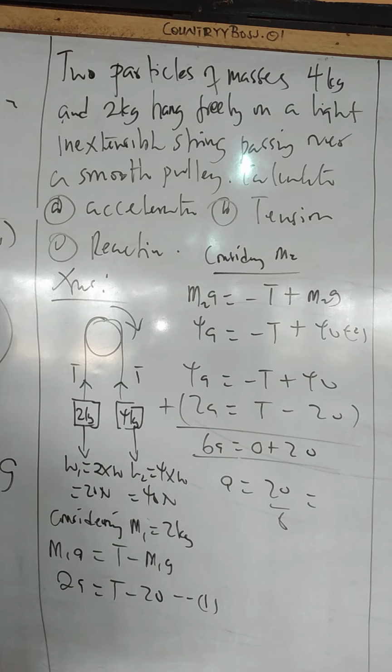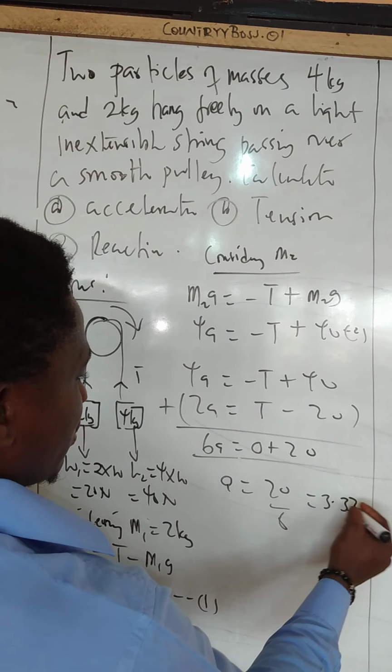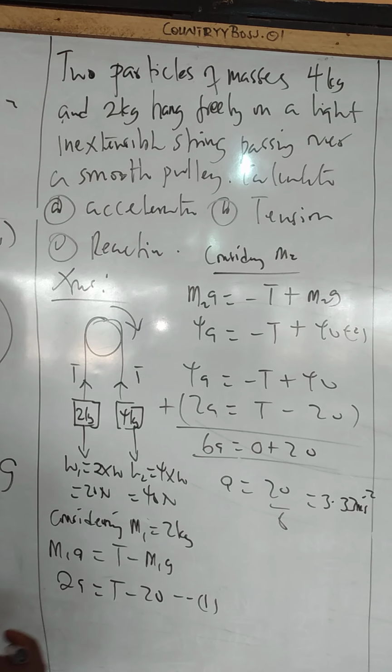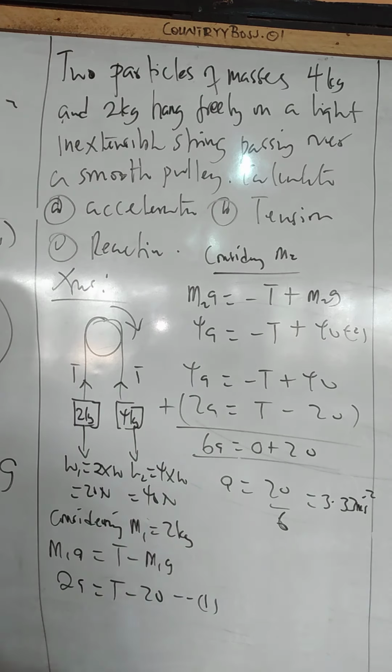20 divided by 6 gives you 10 over 3, or 3.33 meters per second squared. This is what you get for your acceleration. After getting the acceleration, you can fix it into any of the equations.